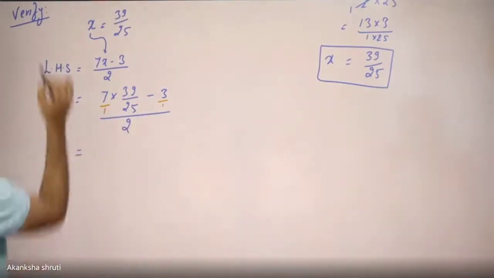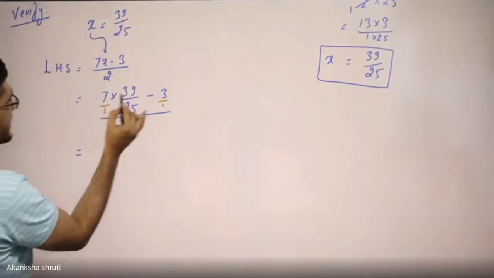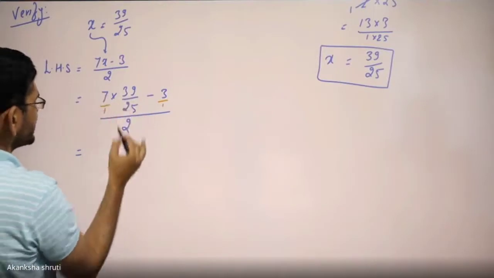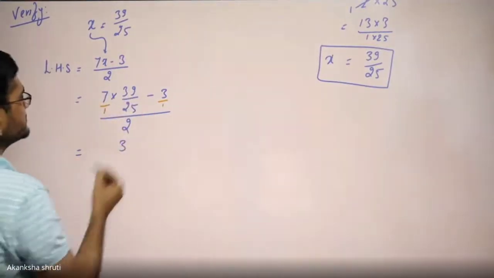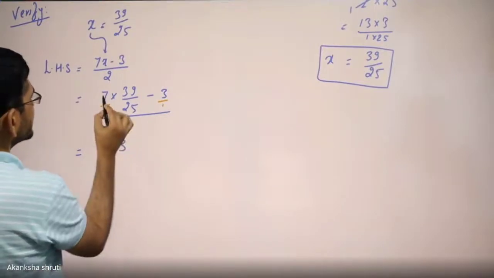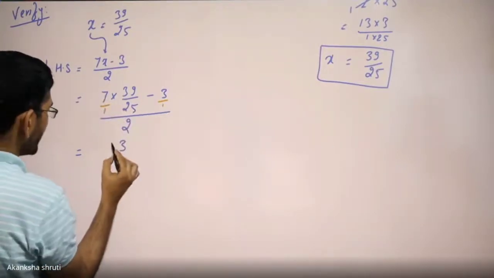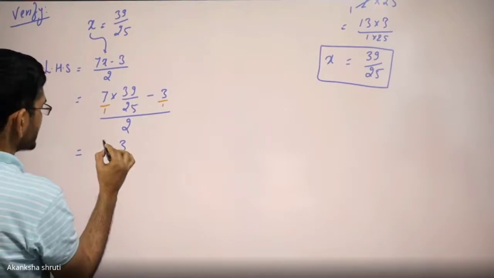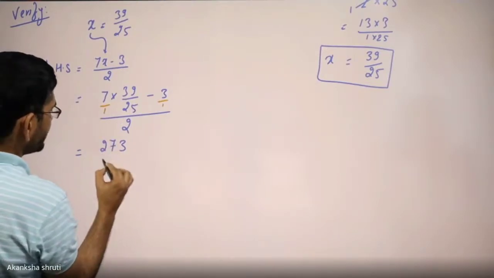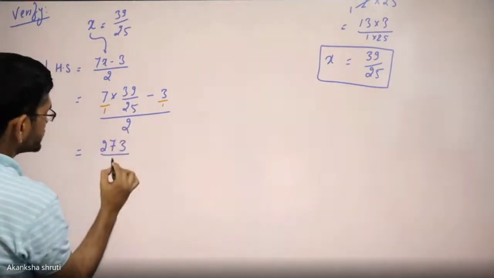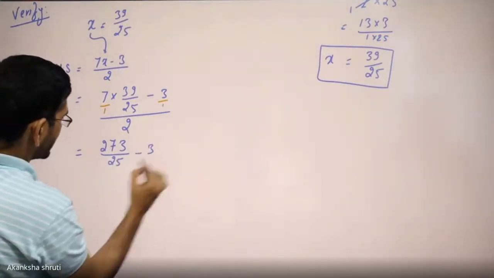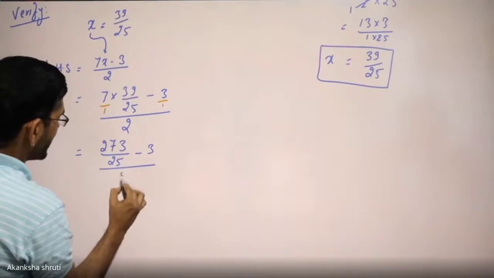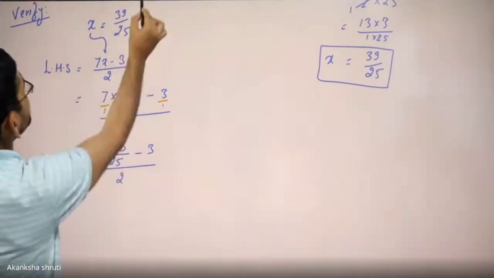So let us simplify this. 7 into 39: 7 9s are 63, then there is 6, 7 3s are 21 plus 6 is 27, so 273 divided by 25 minus 3, whole divided by 2. I have just multiplied the first.